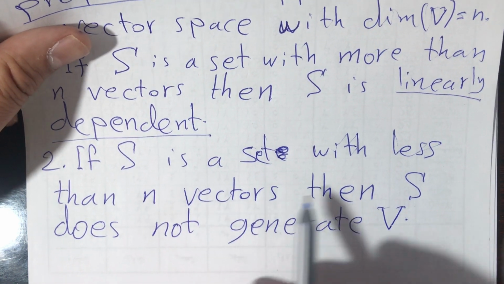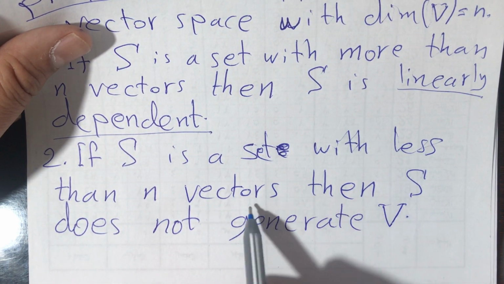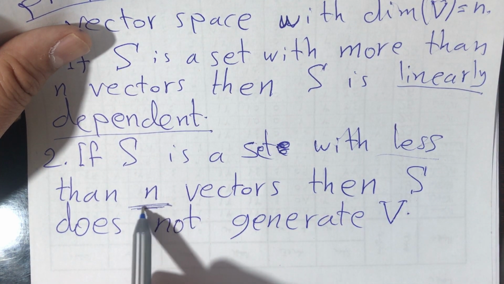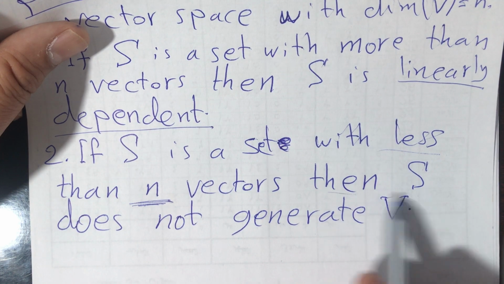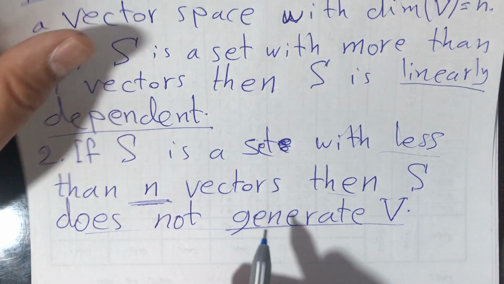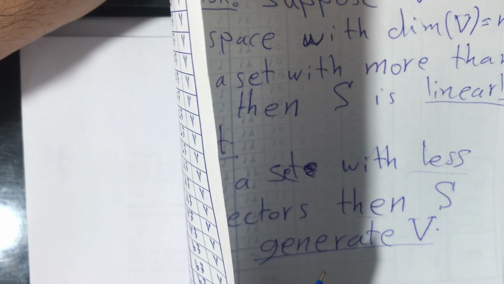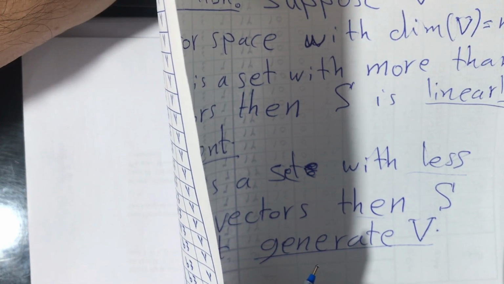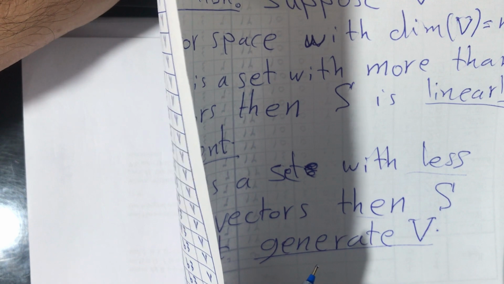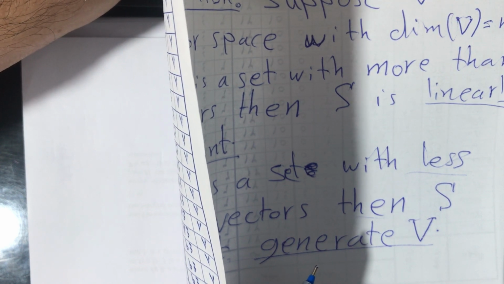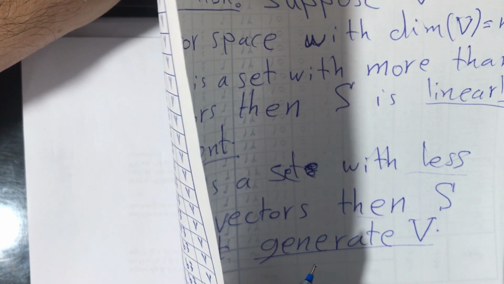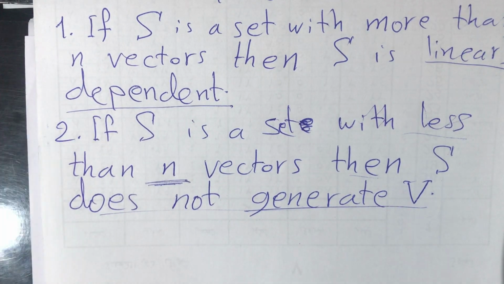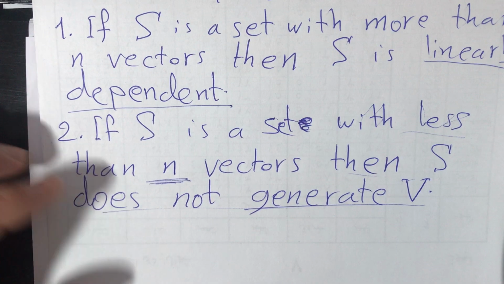And if S is a set with less than n vectors, then S doesn't generate V. That means S does not span V. This is without proof. Second proposition, this is page number 5.